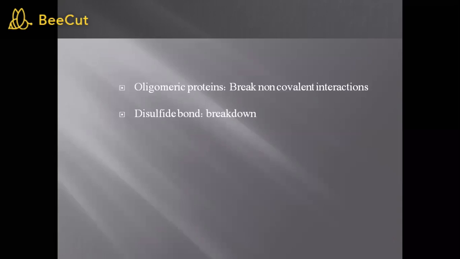If an oligomeric protein is there, then different subunits will be present, so we have to separate these subunits by breaking the non-covalent interactions. How will we remove these? We will use a high concentration of urea, or we can use guanidine hydrochloride. By using these chemicals, we can break the non-covalent interactions.